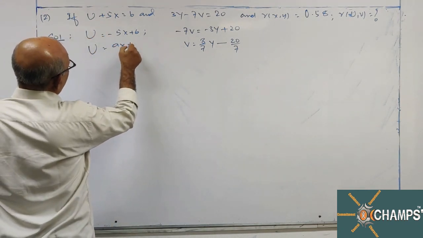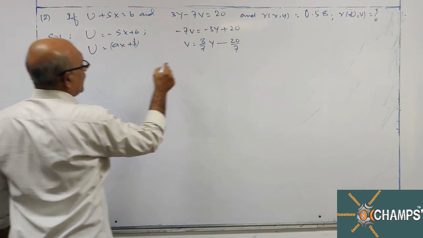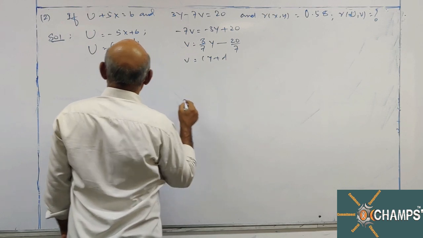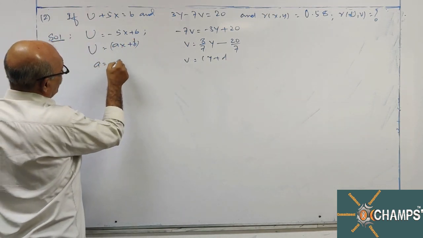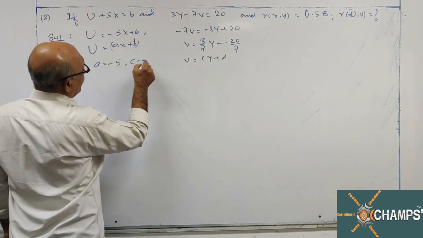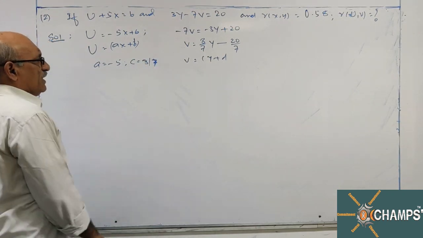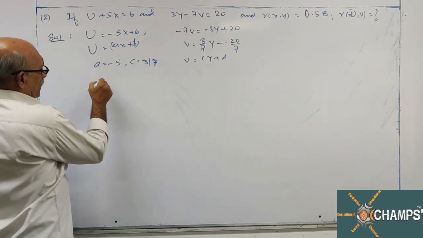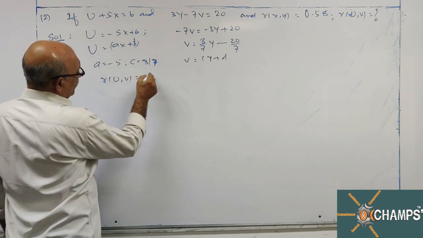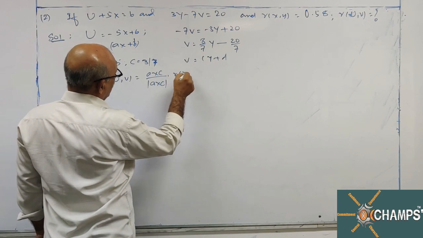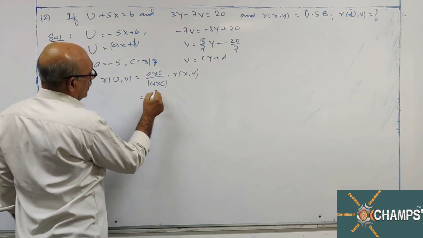This is of the type ax plus b. This is of the type cy plus d. a is equal to minus 5, c is equal to 3 by 7. Now r of u comma v is equal to a into c by modulus of a into c, r of x comma y.